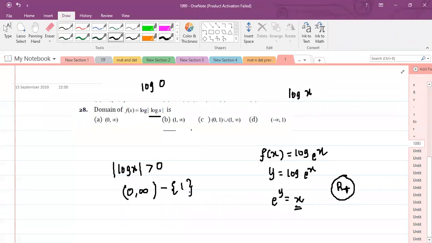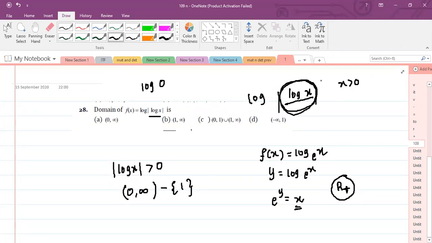Therefore here it should be positive, which means 1 is also not accepted, minus singleton 1. Understand the problem again, let me explain. If the problem is only log x, then clearly x should be greater than 0. But here we have log of modulus of log x, so not only x greater than 0, we have one more condition: this should not be equal to 0.